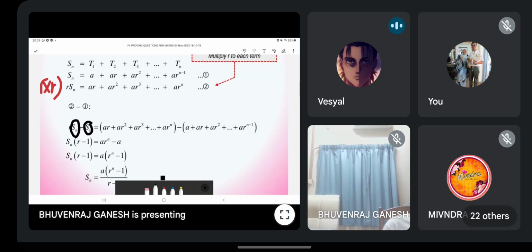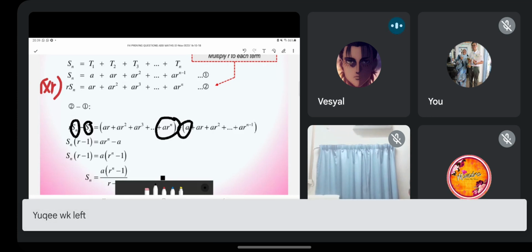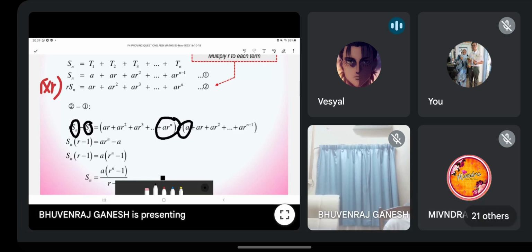So if you see down there, the next line is Sn in brackets r minus 1 equals ar to the power n minus a. So your ar to the power n minus a actually happens when you take the one that is circled, basically that minus that. The rest of the things in the bracket, like ar plus ar squared, will actually cancel with the thing on the right.